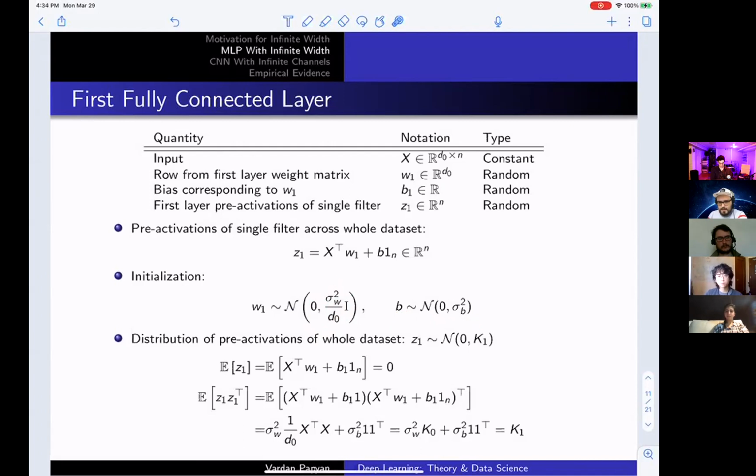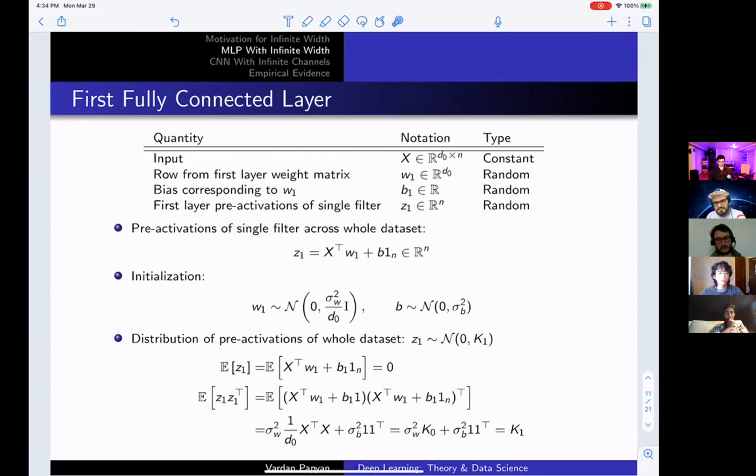Okay. Now, notice the following interesting observation. First of all, we know the distribution of Z1. Can anyone tell me why we know the distribution of Z1?